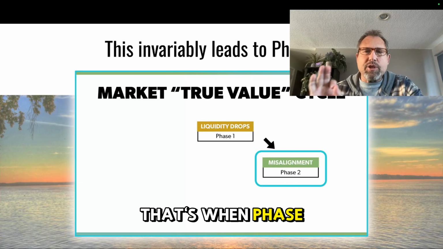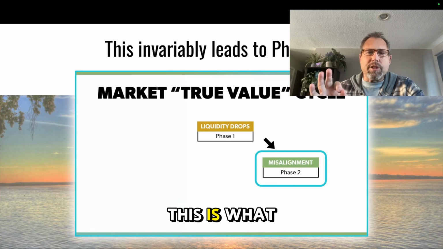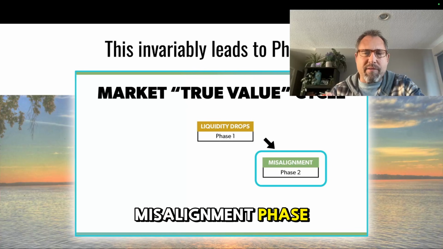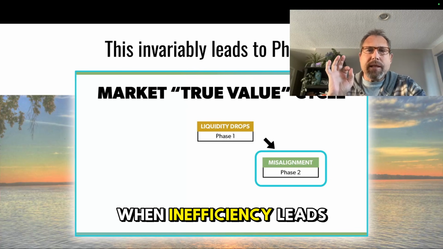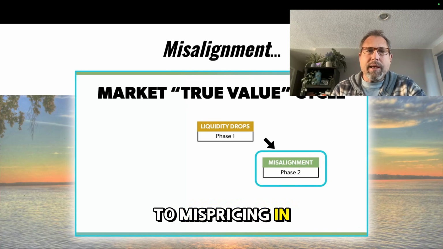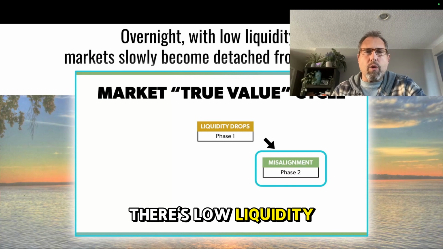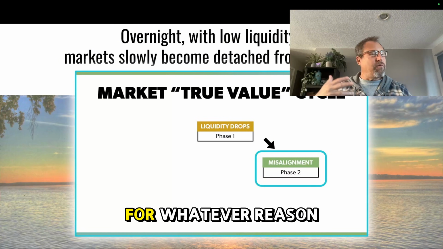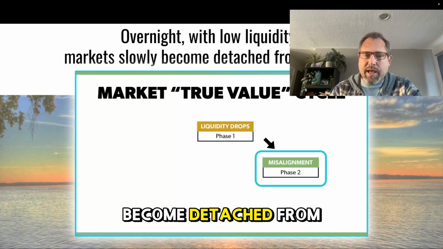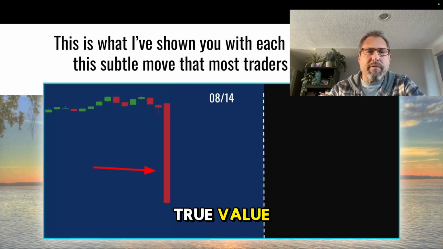That's when phase two begins. This is what we call the misalignment phase, when inefficiency leads to mispricing in the market. Overnight, when the markets are closed, there's low liquidity. The markets, for whatever reason, become detached from true value.